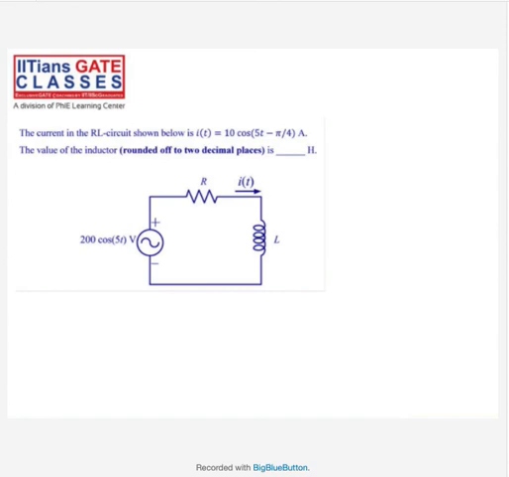See again, V is given, voltage is given, current is given. Impedance will be V by Z, okay, sorry, V by I. So V is 200 divided by I is 10. I'm taking only the magnitudes. So Z value is 20 ohms.